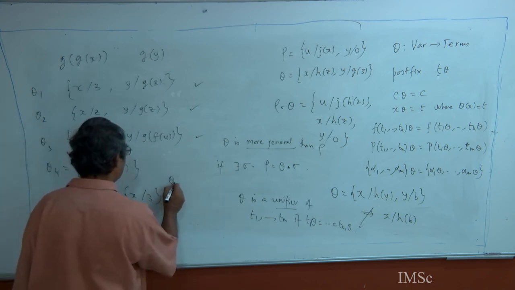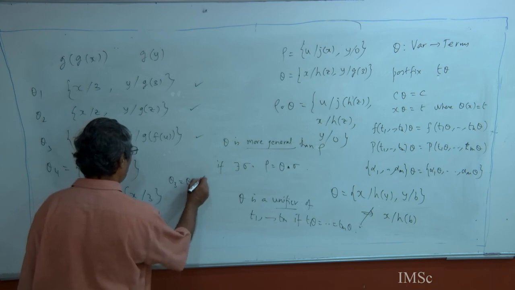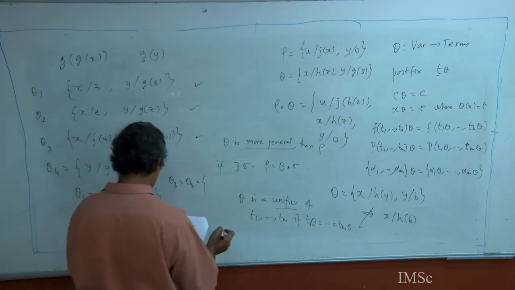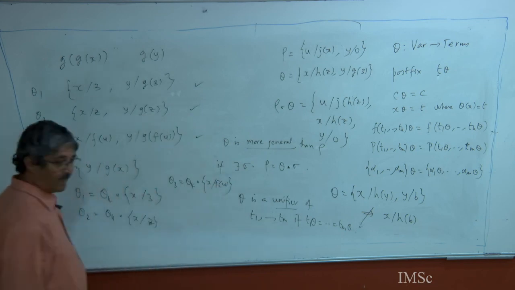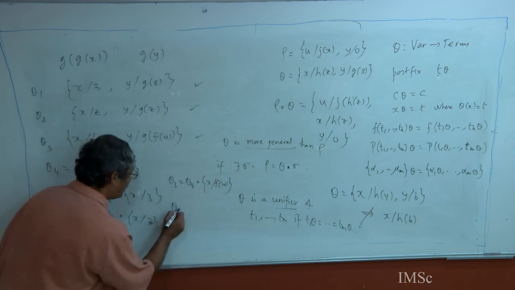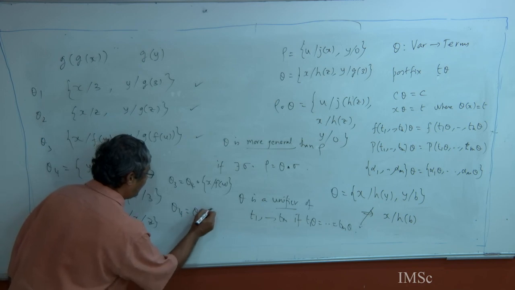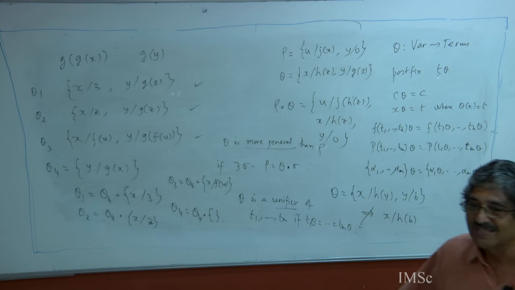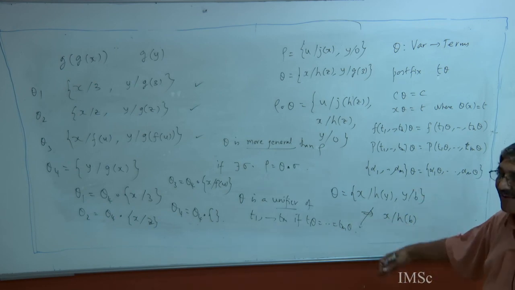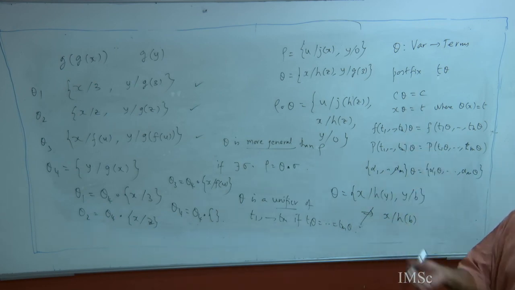And theta 3 is theta 4 composed with x getting f of u. And what about theta 4? Theta 4 is theta 4 composed with the empty substitution. So one consequence of this definition is that every substitution is more general than itself.